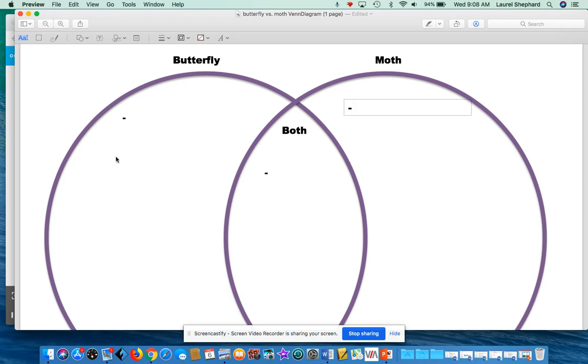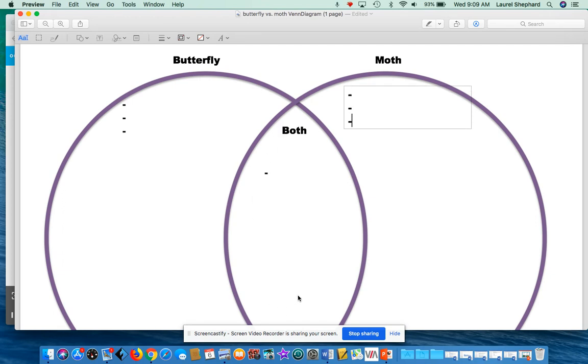Okay? Anything that we find that is special just for butterflies and unique about butterflies, we're going to jot dot notes on the left side. On the right side, you are going to take jot dot notes about anything that is special about moths.